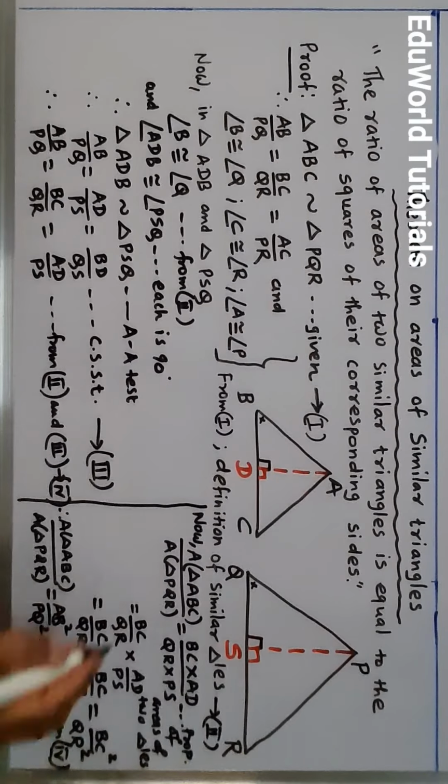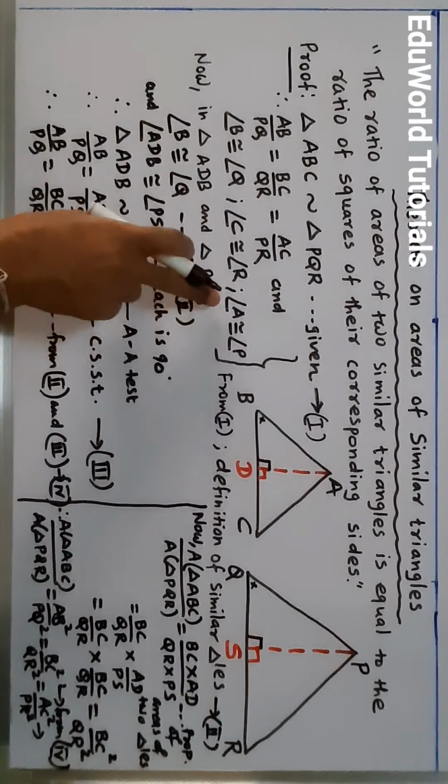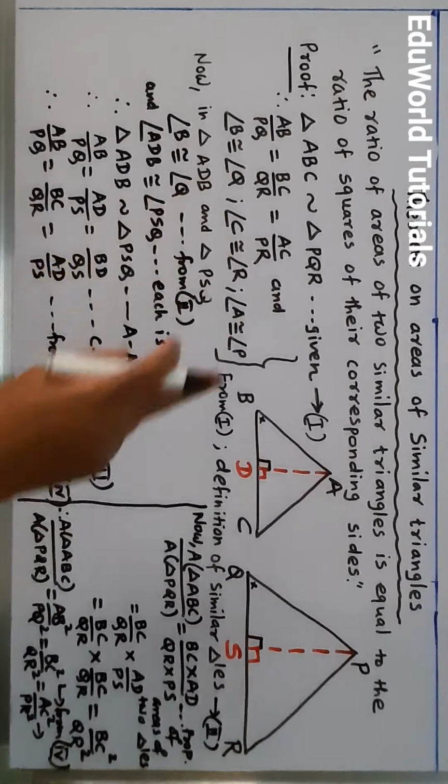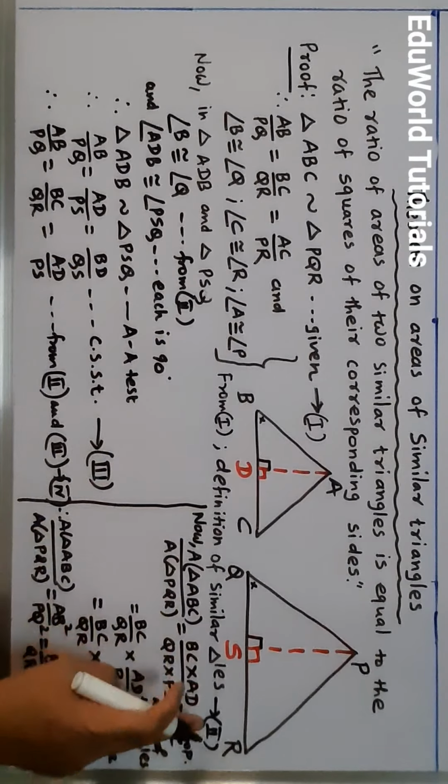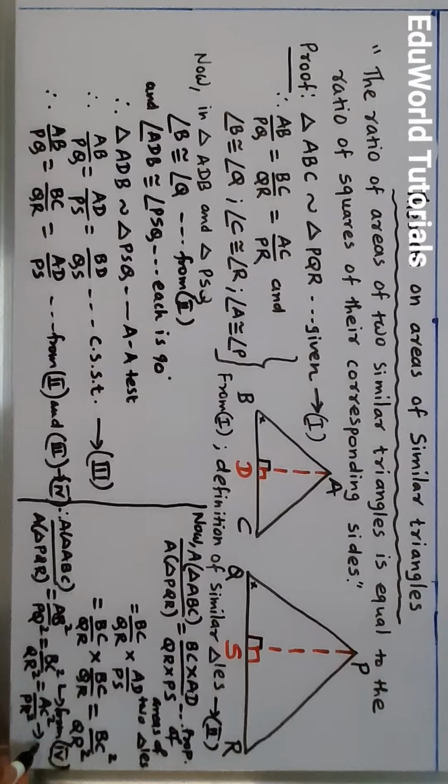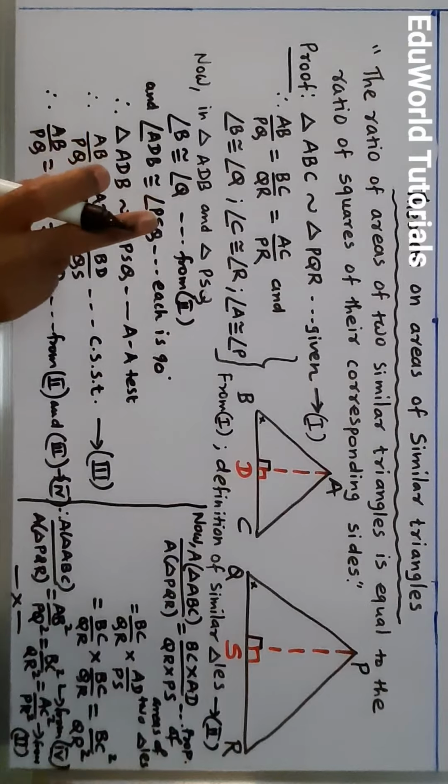This we get from result number 2, what we had got here. I have a little space constraint, but you can understand. Hence the theorem is proved. Which theorem? The theorem on areas of similar triangles is proved.